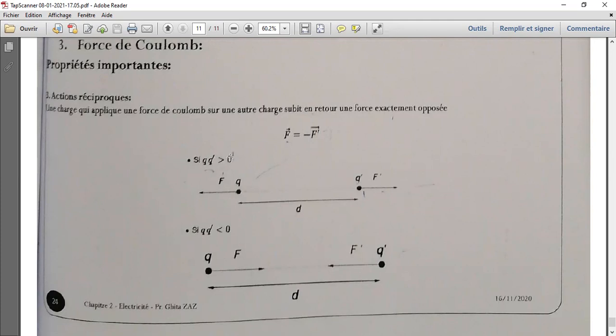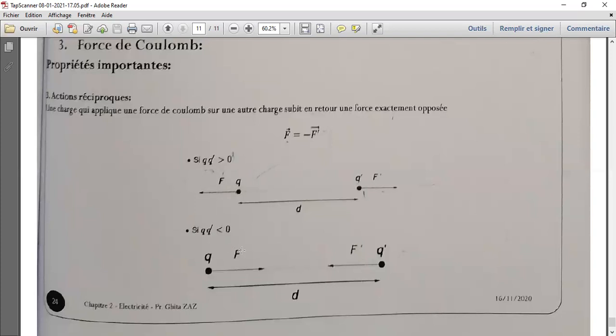If it is of the same sign, if Q exerts a force on Q prime, you have a repulsion, where the force F prime is going outside. If Q prime exerts a force on Q, you have the force F, which is going outside. But if you have Q times Q prime less than 0, meaning when I multiply a positive charge and a negative charge, I always have a negative answer, and negative is less than 0.